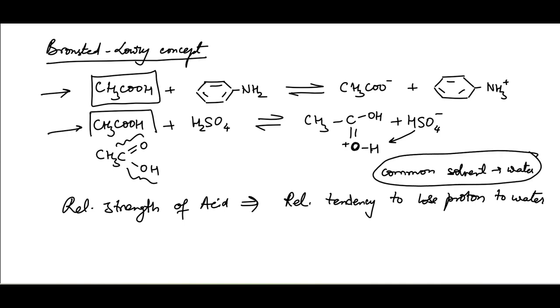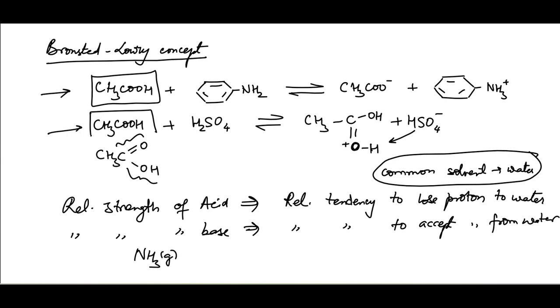Similarly, for any base, the relative strength of a base is nothing but its relative tendency to accept a proton from water. Understand these two things, relative tendency for a proton. Let us say we are talking about ammonia.